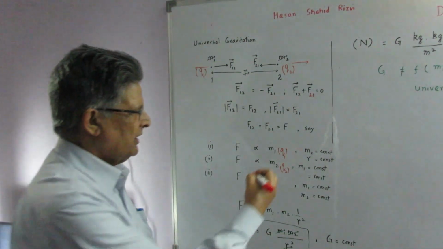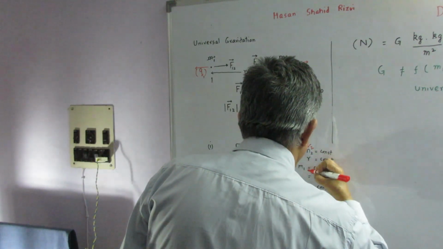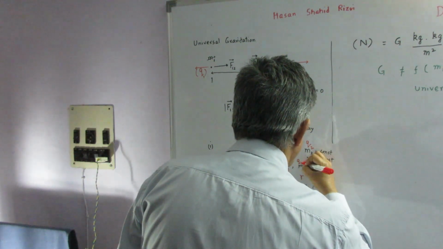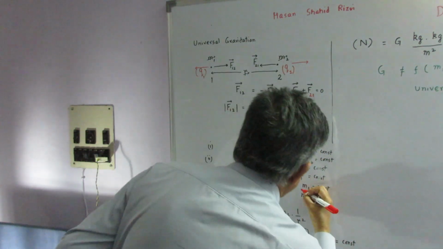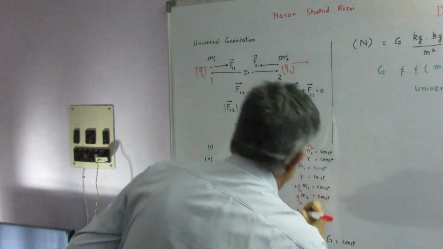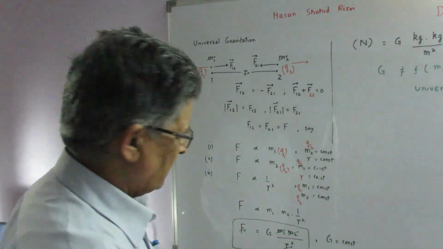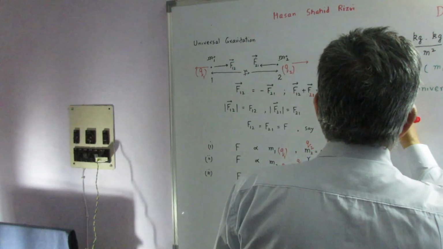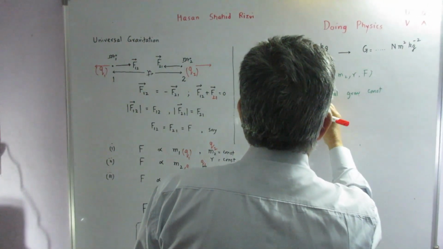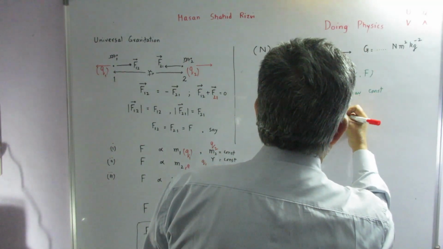So here I'll write Q2, here I'll write Q1, and here I'll write Q1 and Q2. In that case I get a relation, which I'll write here in the red pen, that F, with mathematical consistency, is proportional to Q1 into Q2 into 1 upon R square.